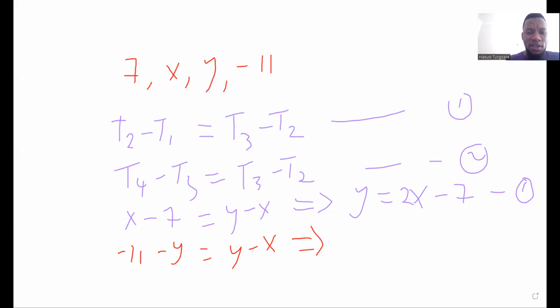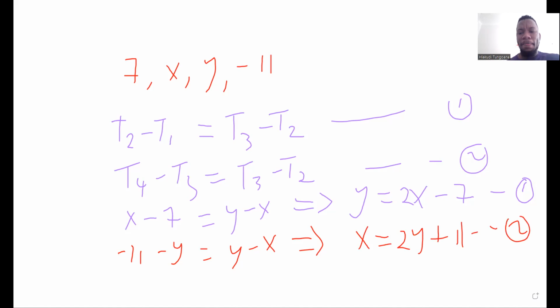Let's move x to the left and move everything on the left to the right. Then you're going to have x equals 2, and remember when y jumps the equal sign it's going to be negative, and that's going to be 2y plus 11.